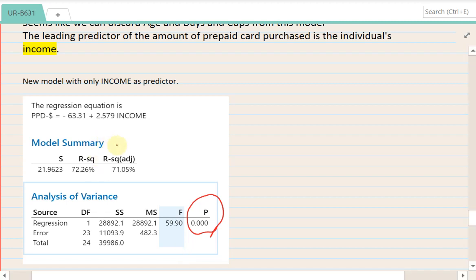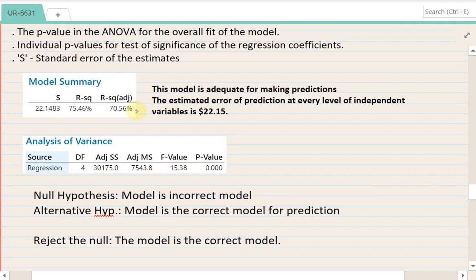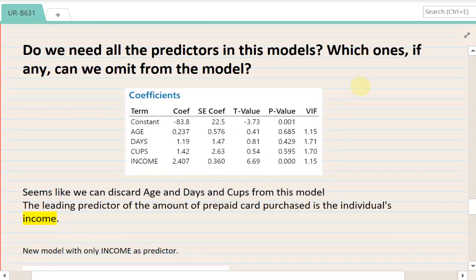And if you look at the adjusted R squared up here, it was 70.56, and R squared 75.5.